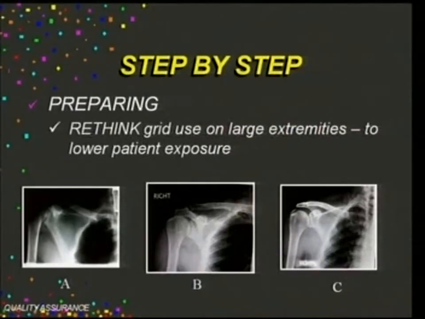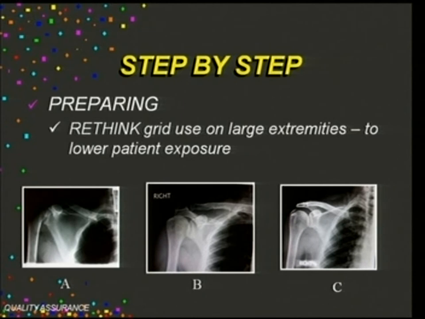The other thing you might want to do is think about grid use for extremities. And I believe my colleague will talk a little bit differently about this later. I just wanted to say that because my lecture is about reducing exposure, I'm going to introduce the concept of doing things tabletop that maybe we're not used to doing tabletop.